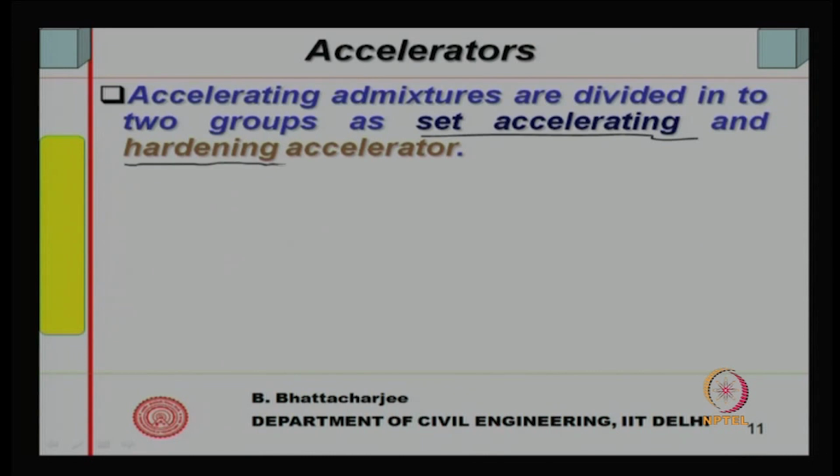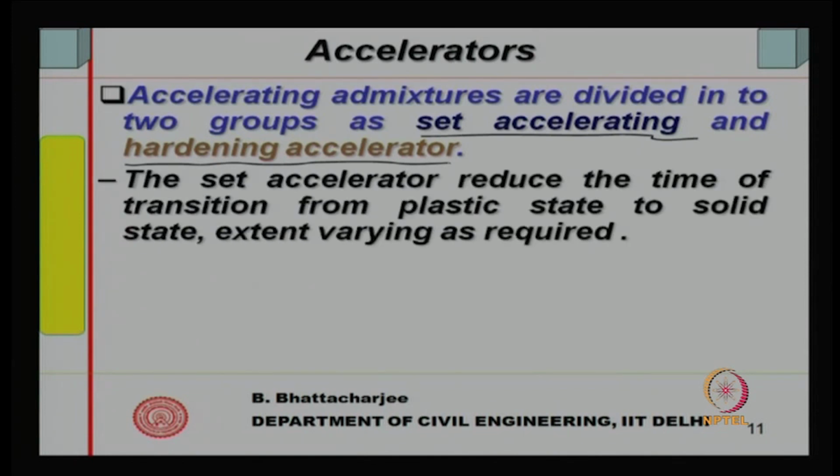Hardening accelerator will mean that it will increase the early strength gain. The set accelerators reduce the time of transition from plastic to solid state, and the extent would be as required, as much as you want.